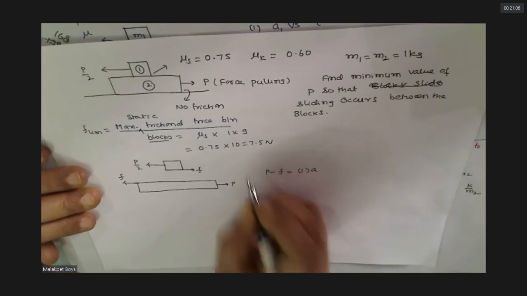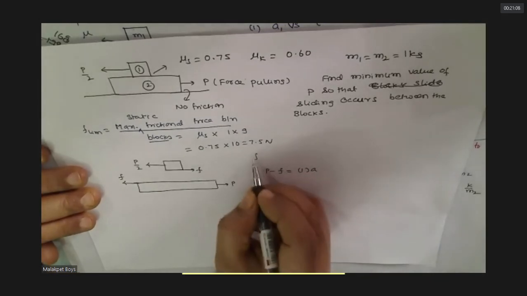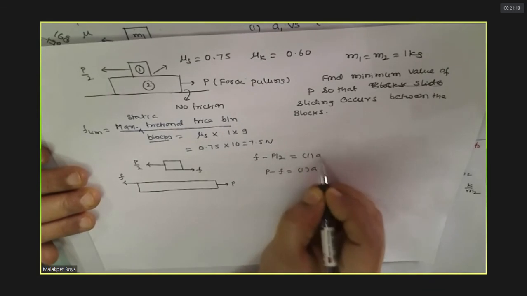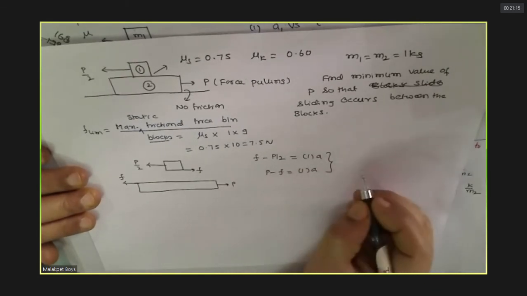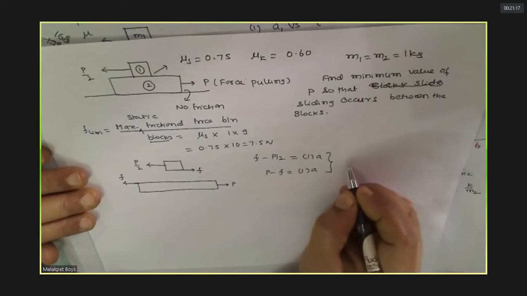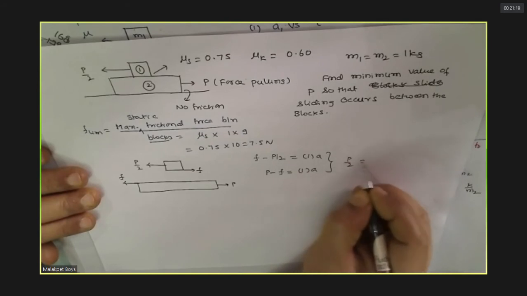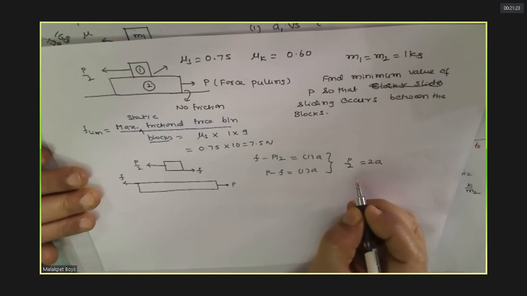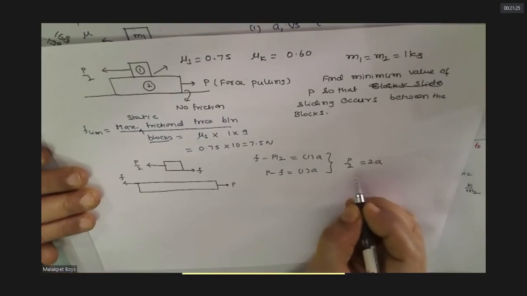Agree, sir. Again F minus P by 2 equals 1 into A. Now from these two, if you add, what will you get? Do you agree with this? Agree, sir. So what is A?